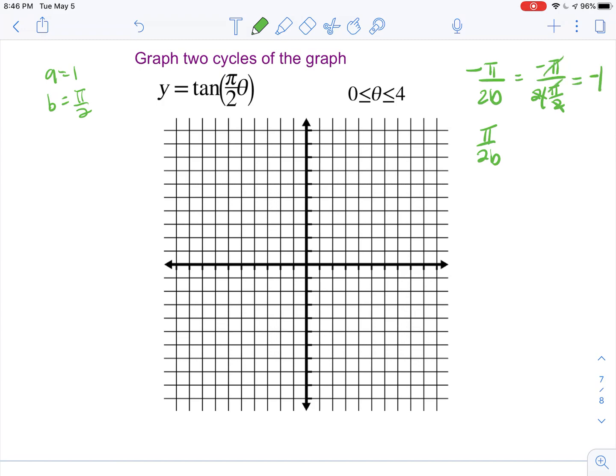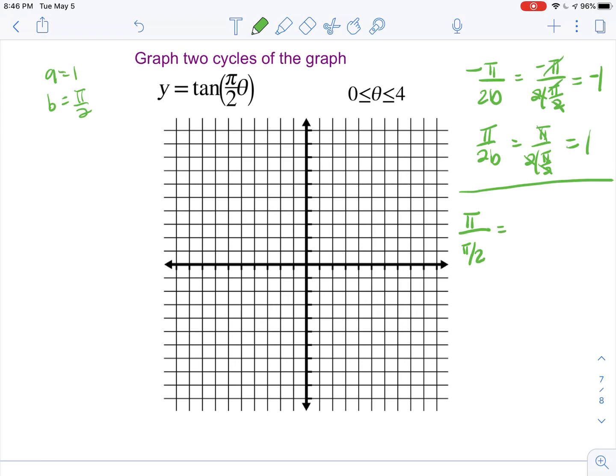Negative pi over 2 times pi over 2. Well, these 2's cancel, leaving just a pi in my denominator, and then those pi cancel. So we actually get negative 1 for this. Pi over 2 times pi over 2 cancels, cancels. We get positive 1. So we should see 1 full cycle in between negative 1 and positive 1.